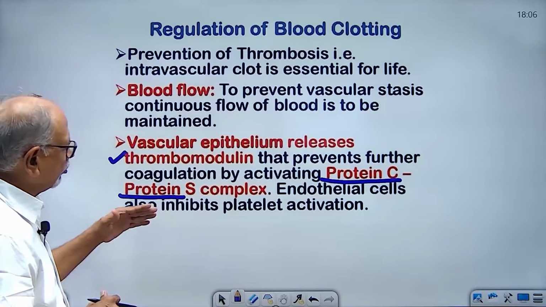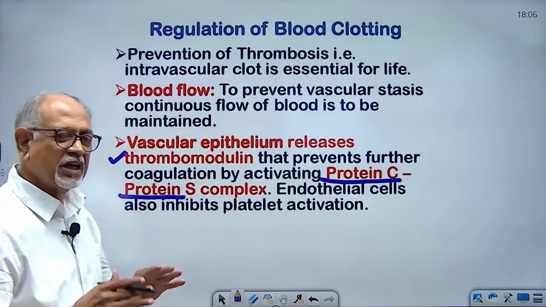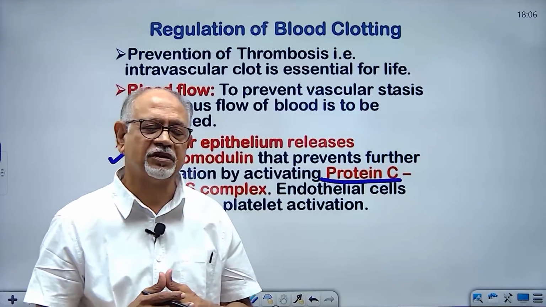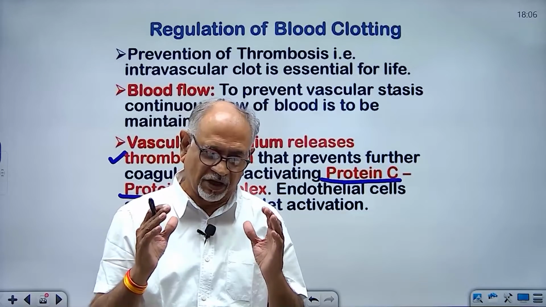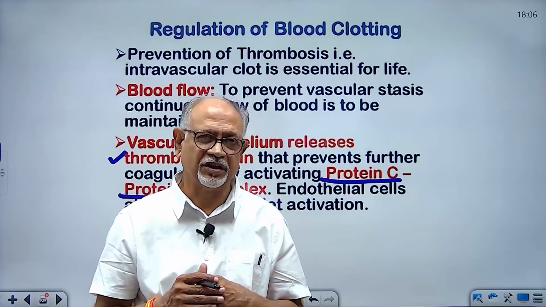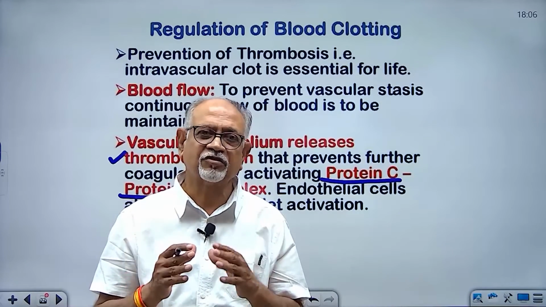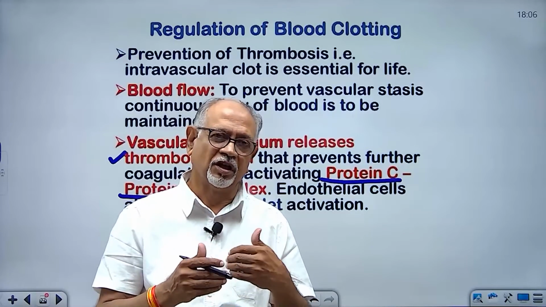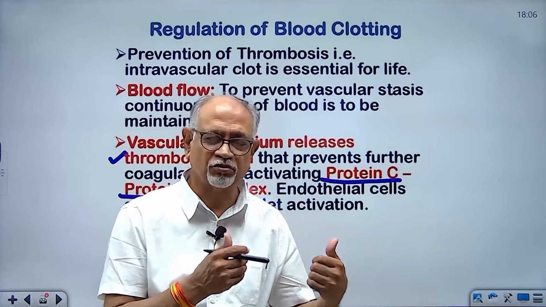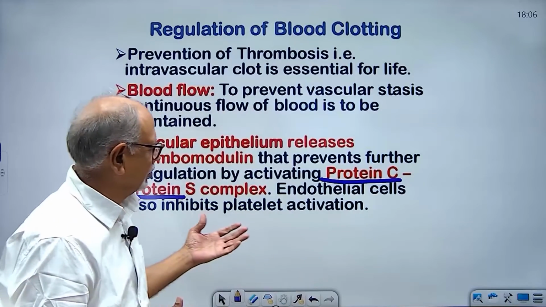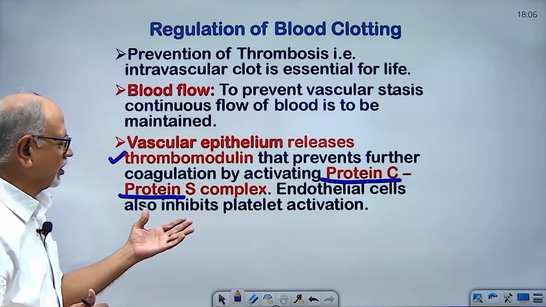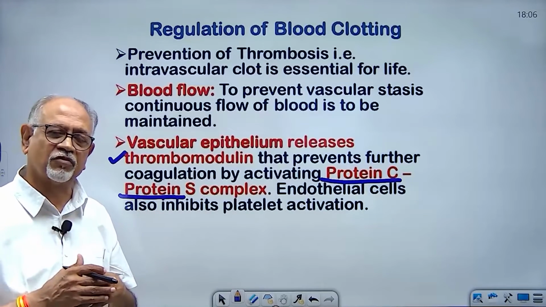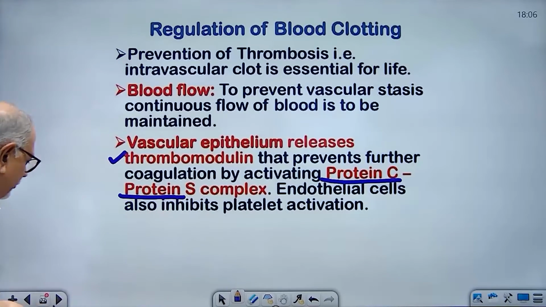Endothelial cells also inhibit platelet activation, as stated earlier, that when platelets are activated, they release thromboplastin, and thromboplastin plays a key role in converting prothrombin into thrombin. So, this is prevented so as to prevent formation of clot inside the blood vessels.